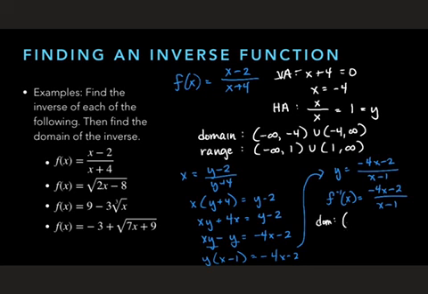So my domain is negative infinity to 1 and 1 to infinity. My range is negative infinity to negative 4 and negative 4 to infinity. Okay, so it's all about capitalizing on, I wouldn't call them shortcuts, but capitalizing on those properties so that you don't have to do as much work.